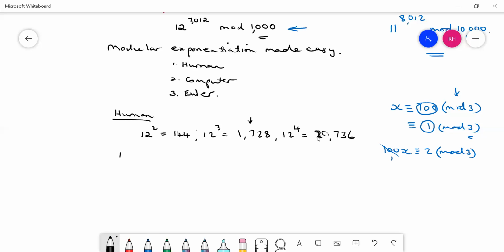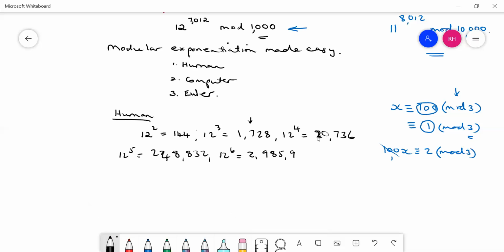That's not that good. 12 to the 5, what happens if I multiply? 248,832. I still don't like that. Let's do 12 to the 6. I may have to just use one of these for the human method. This might be the best I can do. 2,985,984.